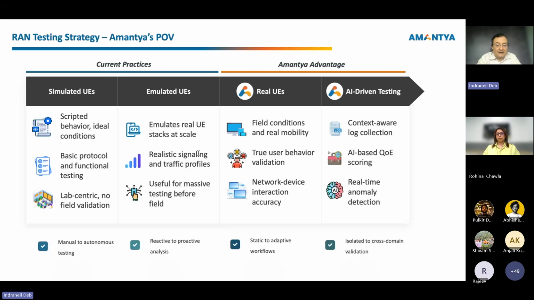So what we feel is that while testing with simulators and emulators is important, we're not saying that simulators and emulators should be done away with. We are not proposing a replacement, but we understand the importance of the simulators and the emulators. We also feel that testing with real devices also needs to happen in a phase that just succeeds testing with emulators or simulators.